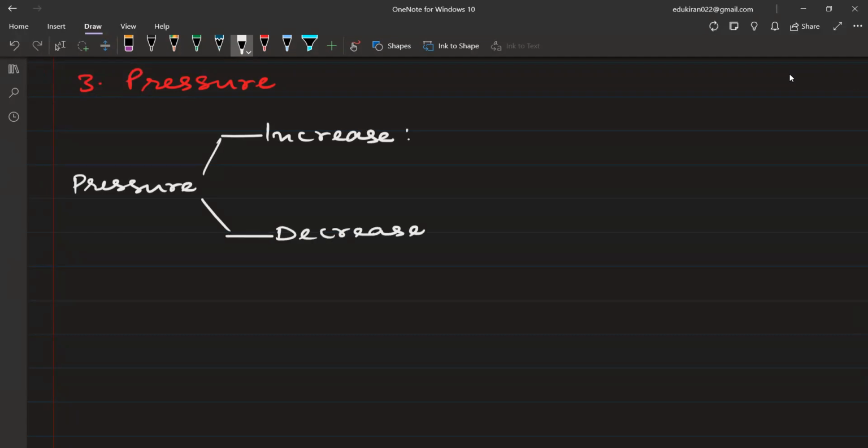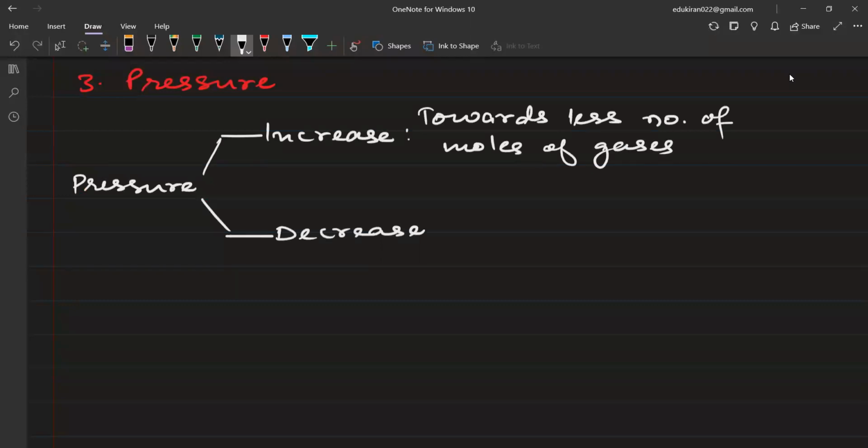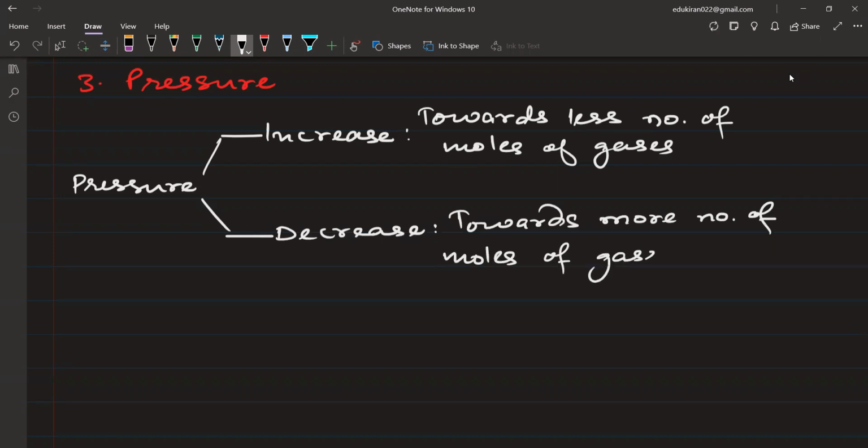So if you are going to increase the pressure, then it will move towards less number of moles of gases. This will move towards more number of moles of gases. ठीक है?